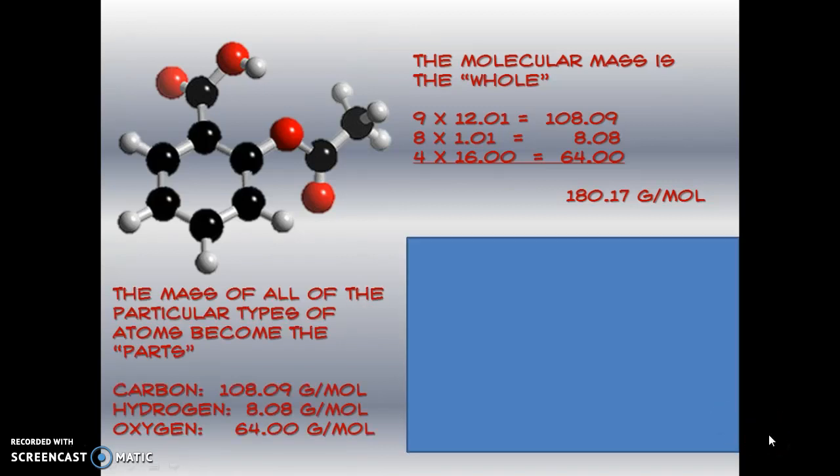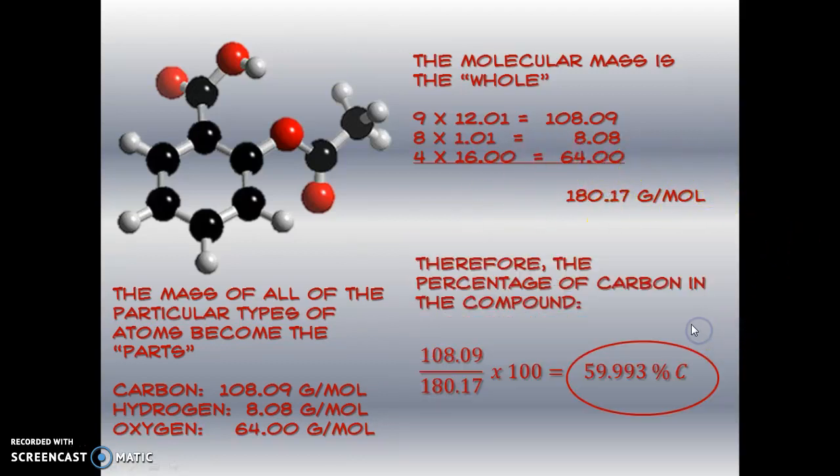So to calculate the percentage of carbon, I would take 108.09, divide it by the whole mass, 180.17, and then multiply by 100. That would give me 59.993% carbon. Notice here that I've got 5 sig figs to work with, because the 108.09 is 5, as is the bottom one, the 180.17.